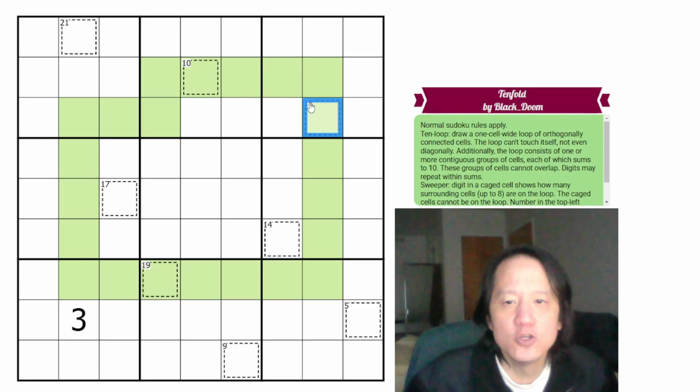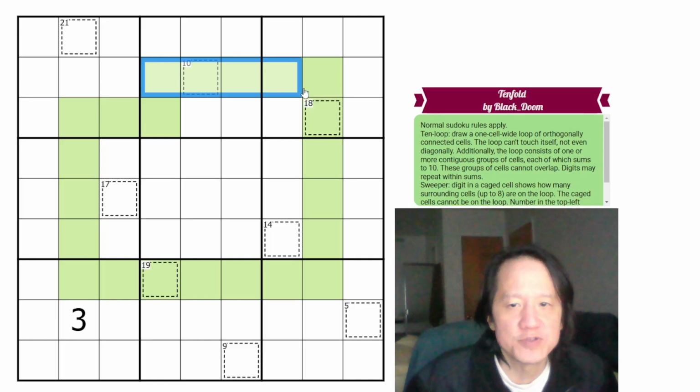And the loop itself consists of one or more contiguous groups of cells, each of which sums to 10. So as an example, on this loop you could have these 3, these 2, or these 4 adding up to 10.